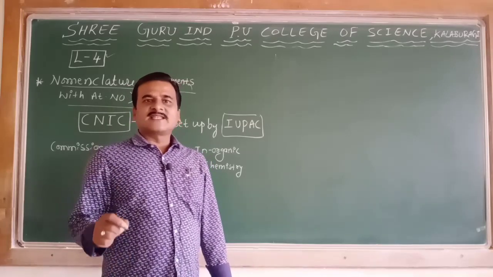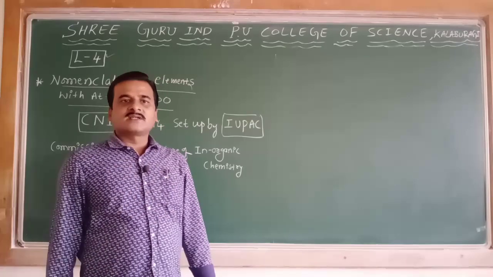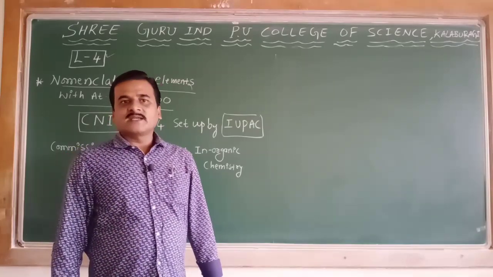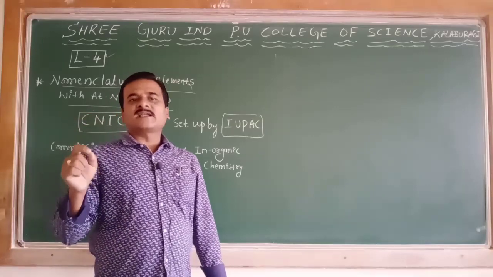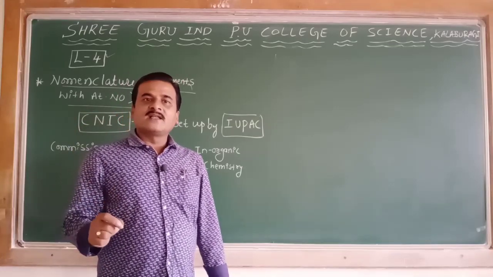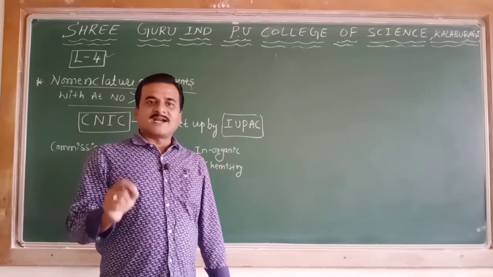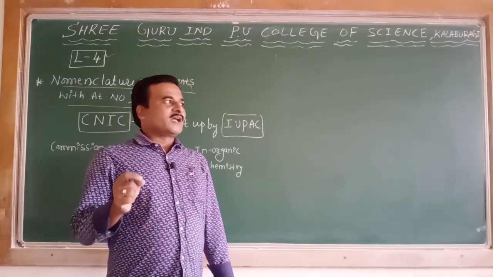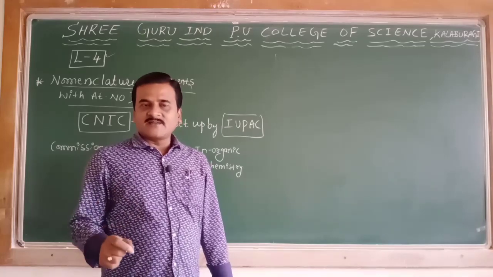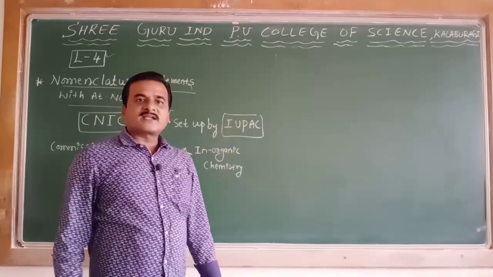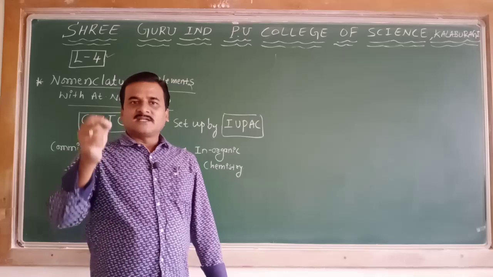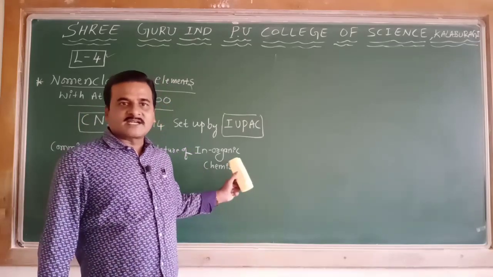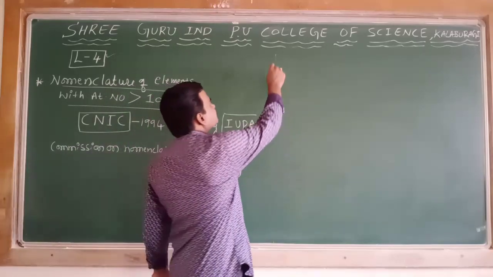Based on the guidelines given by this commission, which was appointed by IUPAC, the IUPAC names of the elements with atomic number more than 100 were approved from 104 till 110. Let's collect how to write the names of elements with atomic number more than 100 as suggested by this commission.